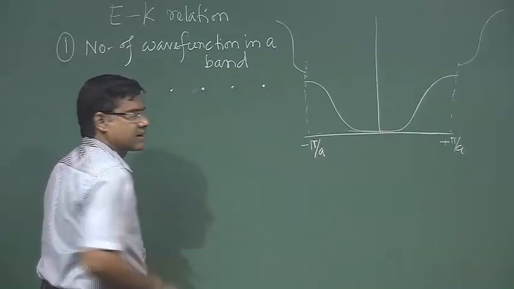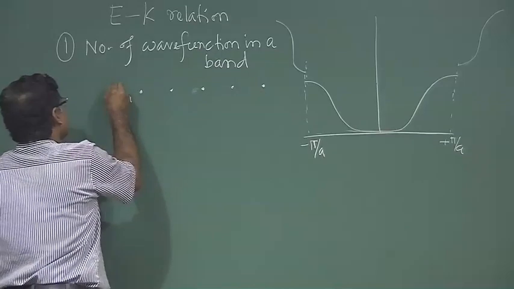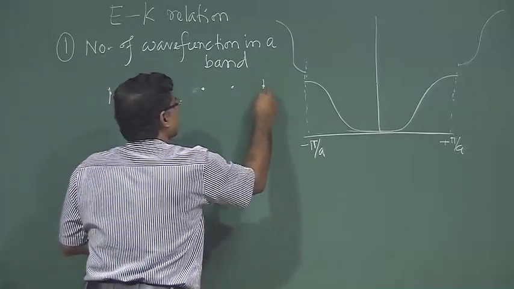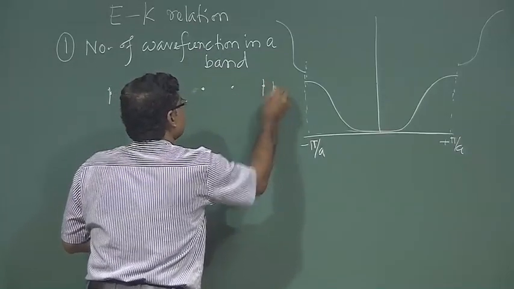It is a one-dimensional periodic lattice, and the total length is L.